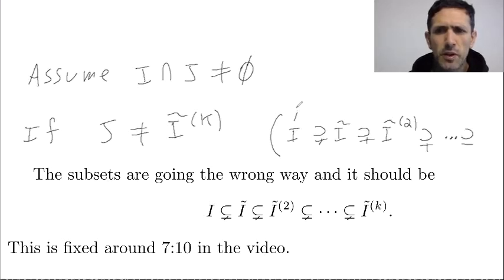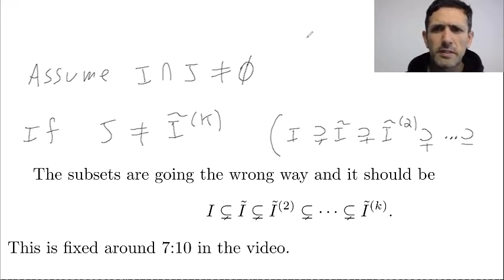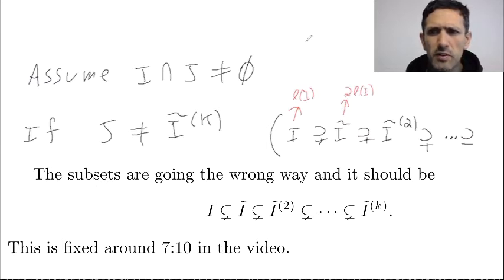And so this here, I'll do it in red. So this is the length of I. It's kind of trivial. 2 times the length of I, et cetera, et cetera. So here is I tilde of k.